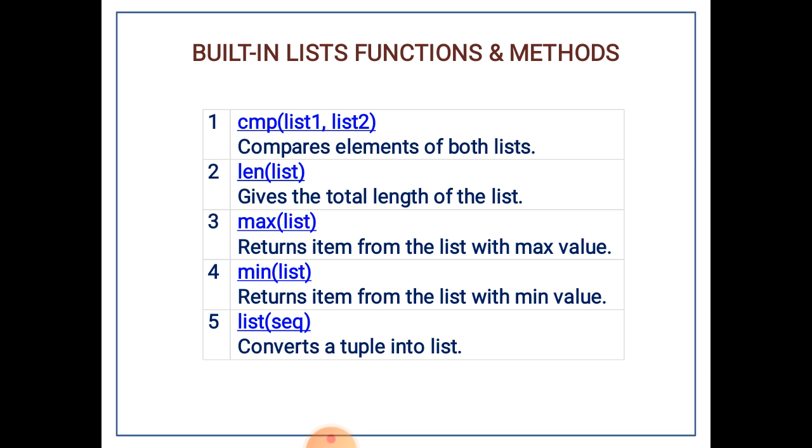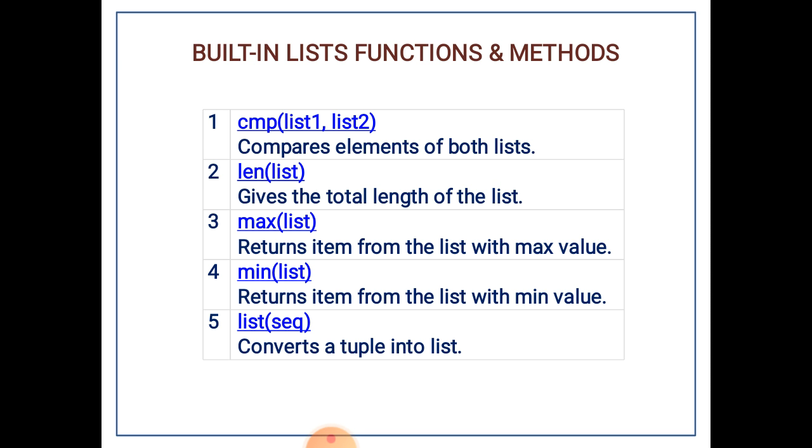When you have to count the number of elements in the list, you need not count each one manually, just give the function len of list, and it gives the total number of elements in that list. Now similarly, min of list gives the item with the minimum value, the element in the list with the least value is given as the output.